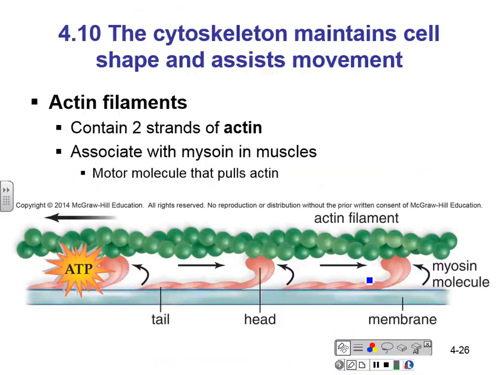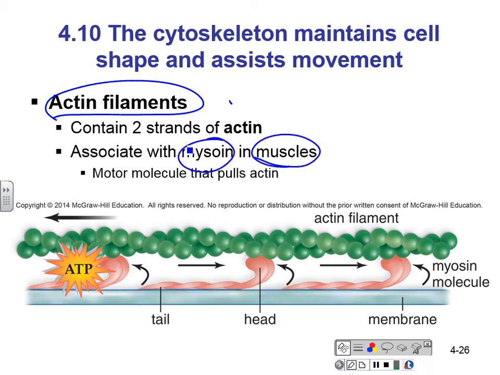Cytoskeleton and movement. Okay, so this is one example of how we're going to use this ATP to do muscle action. This is called actin filament. We have this in muscles, along with something called myosin. And ATP has to bind in order for this head to reach up, grab this actin, and pull.